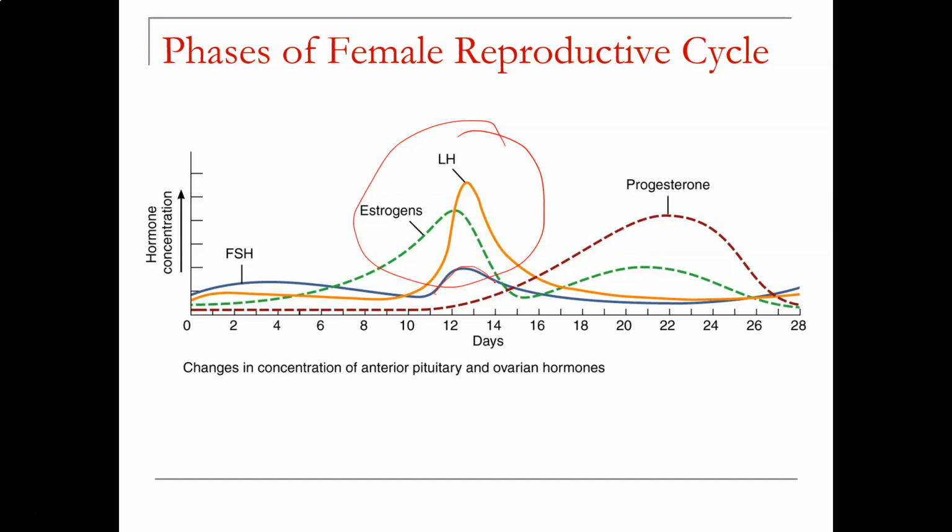FSH, there's also going to be a bump in that because they're controlled by the same releasing hormone, but you see especially a spike in LH. They call this the LH surge. So that is necessary for ovulation to occur. So that's sort of how the egg knows when to leave the graafian follicle, when this LH surge occurs.